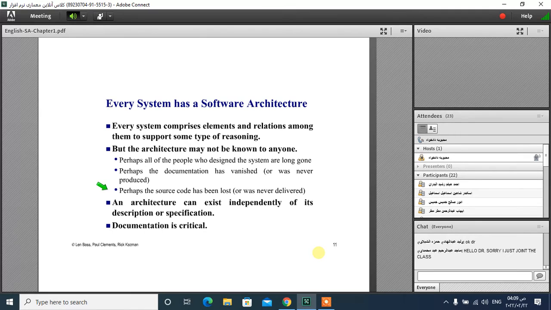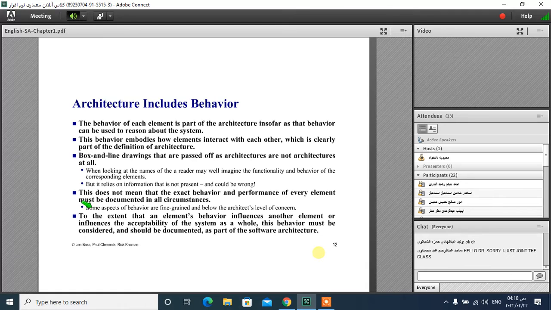In all of those systems, we have a software architecture. We can always distinguish the software architecture of any system. An architecture can exist independently of its description or specification, and because of that, documentation is a critical part of software development, especially for designing software.